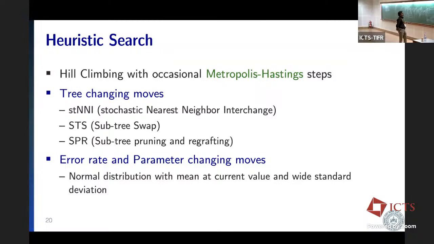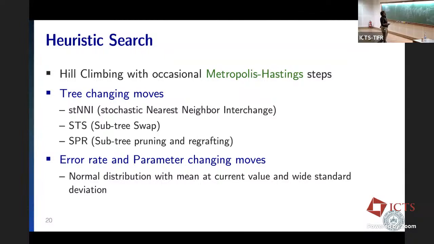Then we make changes in the tree, and for each tree, we can find the most optimal placement of the mutations, right? By changing the placement of the mutations on the branches of the phylogeny, that would give us different likelihood values. And by doing this iteratively, we can make changes in the tree topology and find the optimal tree. Fine.